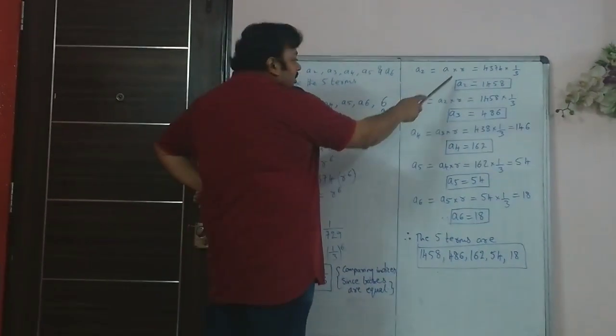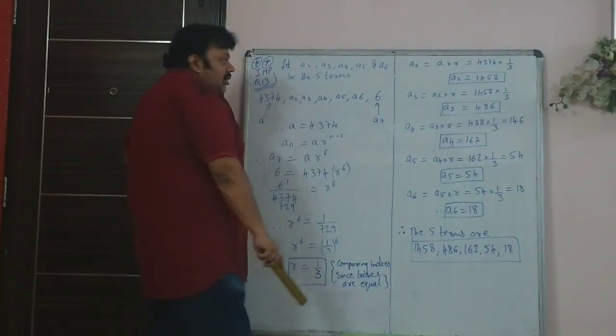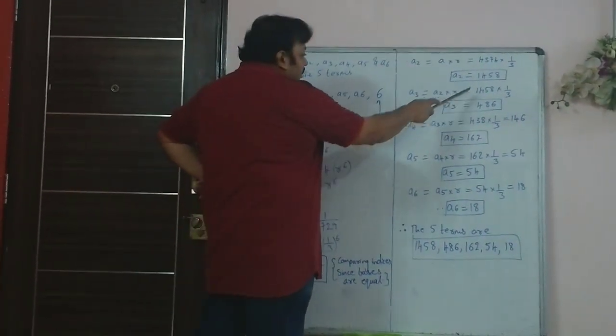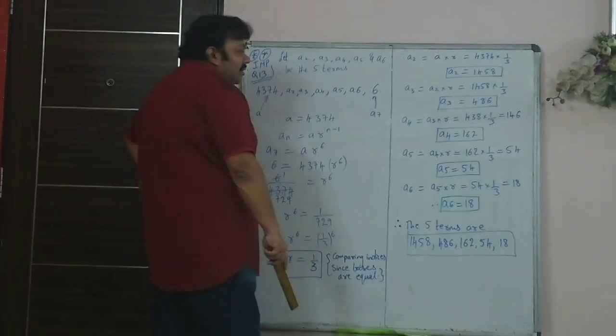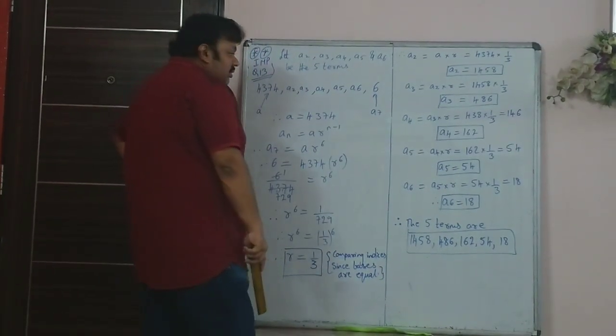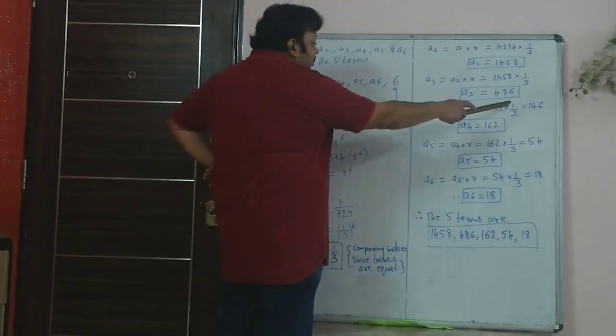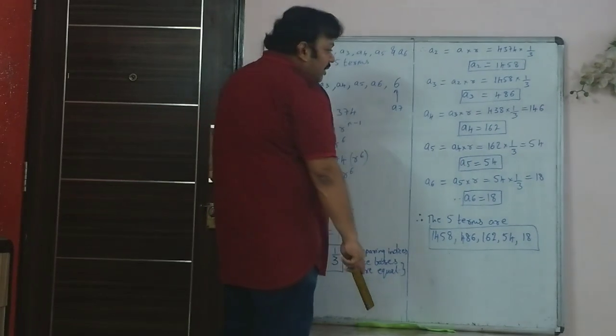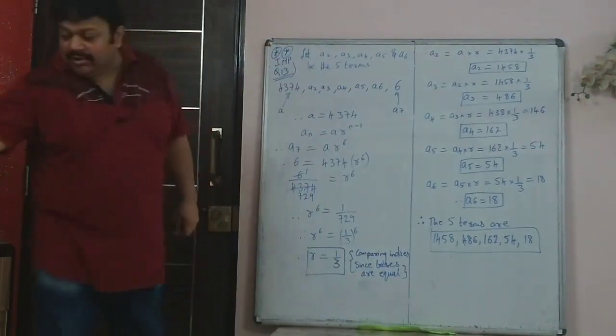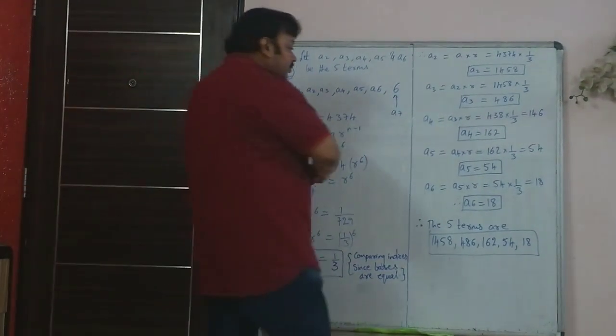Now the third term is a2 into r. So a3 is 1458 into 1 by 3, which is 486. Then 486 into 1 by 3, that is 162. So that number is 162.